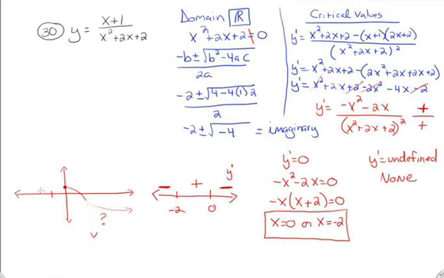So what I really need to know is what's happening at -2. I already found f of 0 was 1/2. Right now, that's looking like my maximum value. f of -2 is going to be -1 over, let's see, 4 minus 4 plus 2.